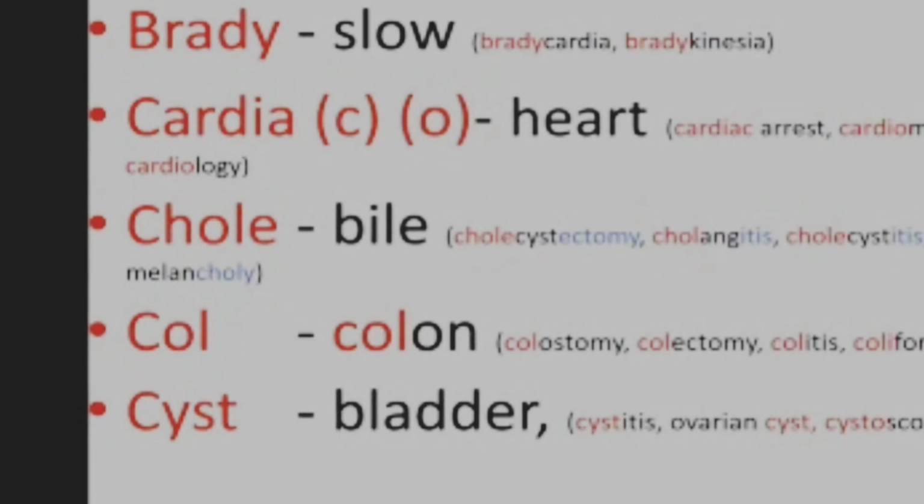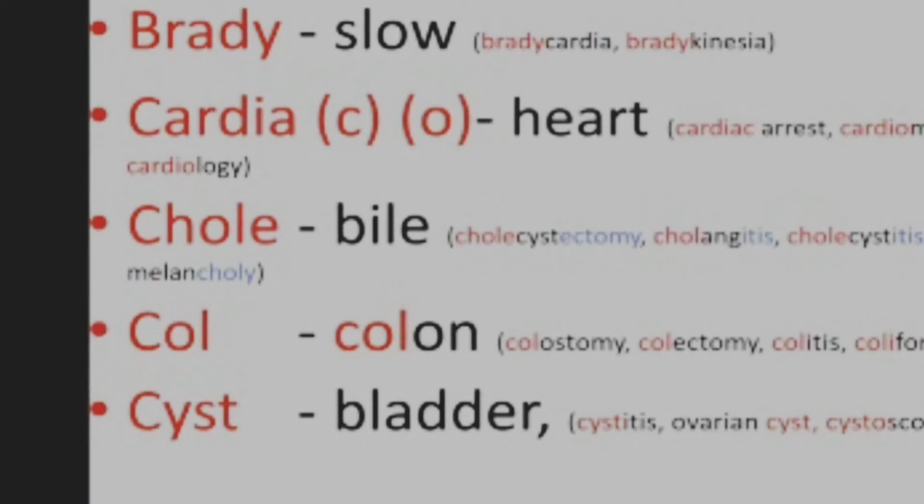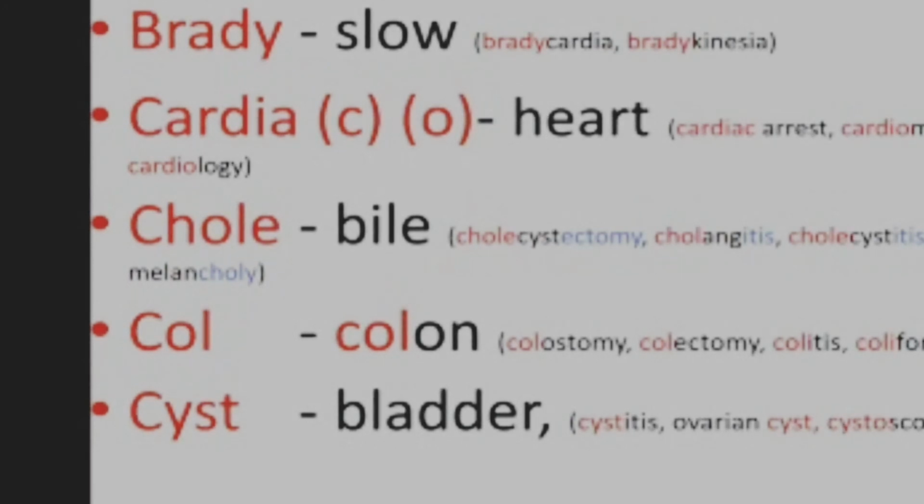Chol means bile. Cholecystectomy, bile: that's the deposition of unwanted bile in the body. So cholangitis, it could be cholecystitis, it can be melancholy. Actually, the word melancholy comes from chol. In the olden times, the Greeks and the philosophers believed that our moods are affected by the bile deposited in our body, organs and glands.